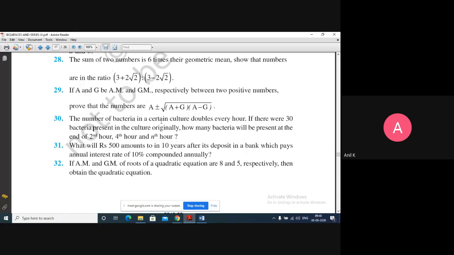See, the number of bacteria in a certain culture doubles every hour. That means after 1 hour, whatever bacteria exist will become double. If there were 30 bacteria present in the culture originally, how many bacteria will be present at the end of the second hour? Can anyone give me the answer quickly?